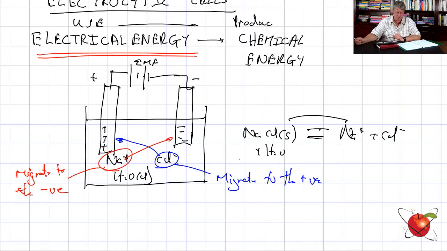I think we're all pretty clear on that. So in this situation the ions are migrating, and at the same time they are surrounded by water. There's water around each one of those.